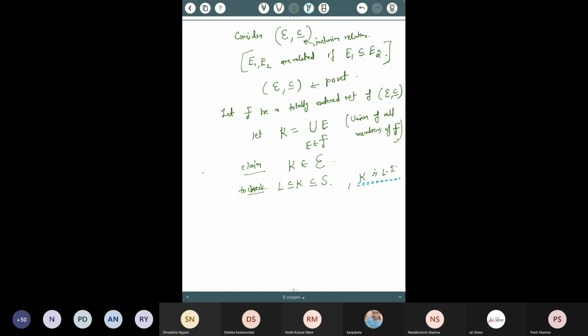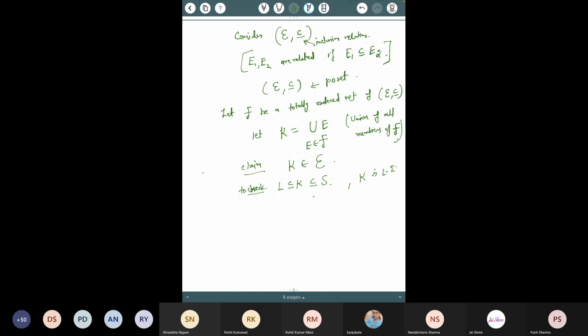K is the union of all E where E belongs to F, and F is a subset of this E. So L is a subset of each of these E here, and K is the union. So L is clearly a subset of K.